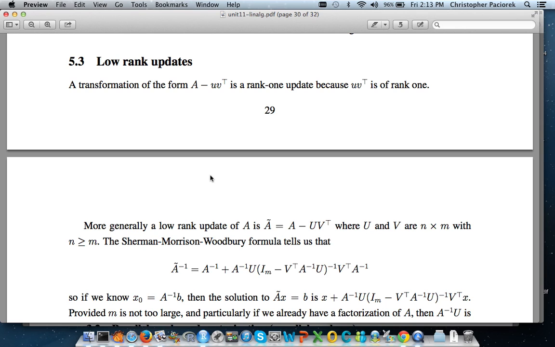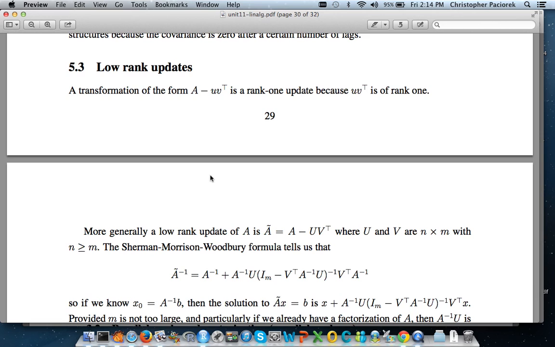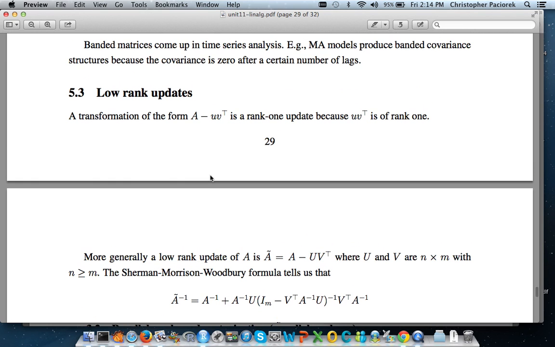The nice thing about this form is that instead of inverting an n by n matrix, you have to deal with inverting an m by m matrix, where m might be a lot smaller than n. I don't want to go through the details of where this would come up or of implementing it, but it's another example: if you know the structure of the matrix and that matrix is formed from other pieces, there are often times you can use a more efficient algorithm or a more efficient set of operations to do the computation you need.